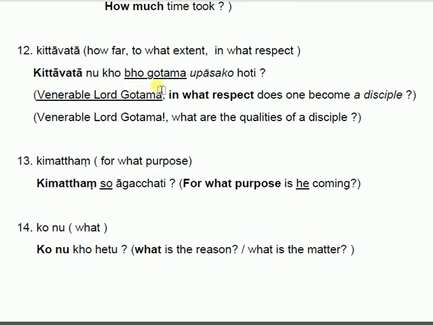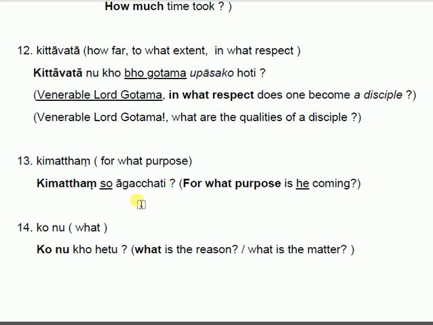Kittavatanuko bhogotama upasako hoti means Venerable Lord Buddha, what are the qualities of disciples? But if you translate this word by word into English, it is somewhat similar to the first sentence. If we translate it by proper meaning, then the second sentence is suitable. Venerable Lord Gautama, what are the qualities of a disciple?